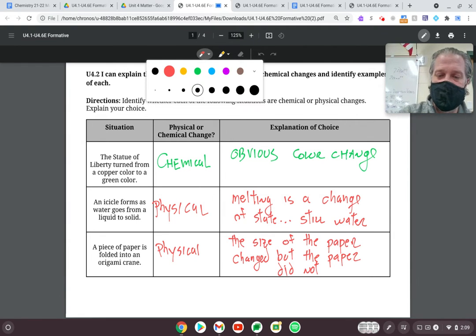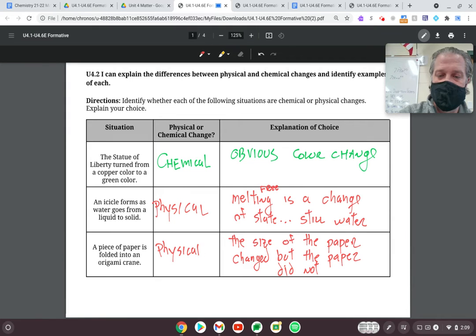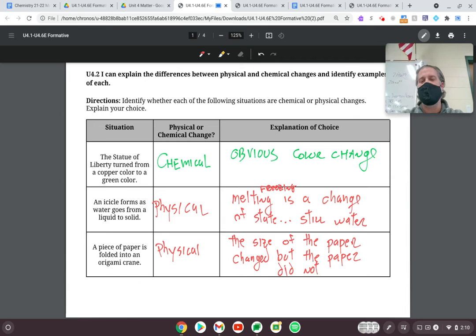Melting and freezing are a change of state, which means you still have water. And then a piece of paper is folded into an origami crane. That's a physical change as well, because in that instance, the size of the paper has changed, but the paper did not. Questions about those?